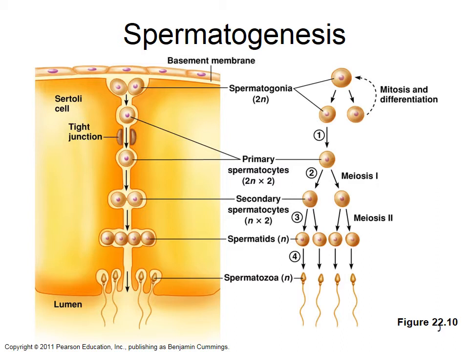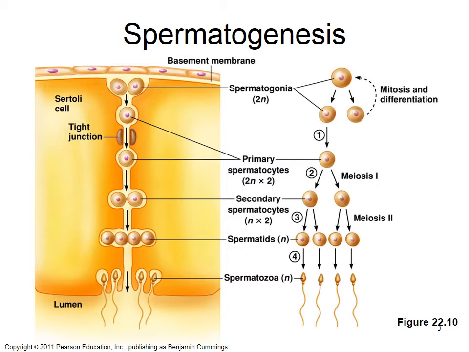So meiosis 1 is the first round of cell division, and you get secondary spermatocytes, which are diploid. And then in the second round of cell division, which is meiosis 2, you get haploid spermatids. And notice at this point they don't have any flagella. They are then going to become spermatozoa, so they're going to get that head region, midpiece, and tail region.